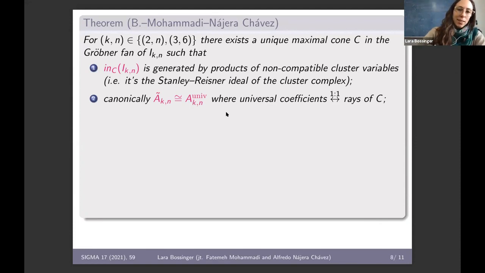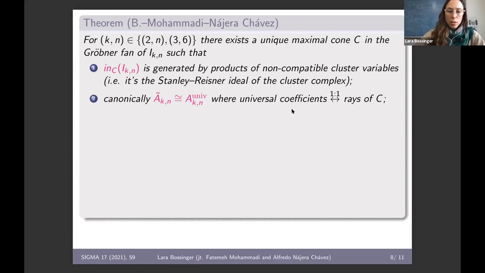The idea is that the universal coefficient algebra is exactly a way to endow a given cluster algebra of some fixed type with coefficients in such a way that by coefficient specialization, you can obtain any other cluster algebra of the same type. So if you like, it is a family of deformations of a cluster algebra of given type that interpolates between all the possible coefficients that you could choose.